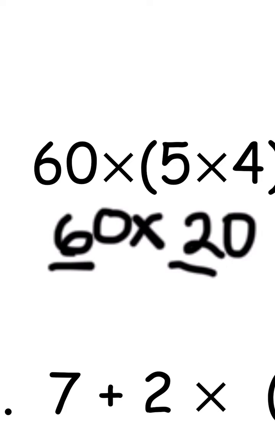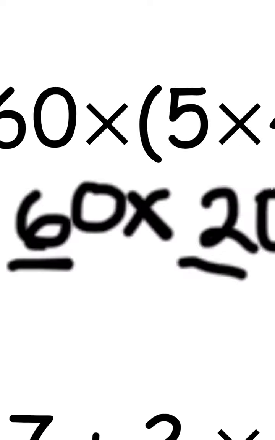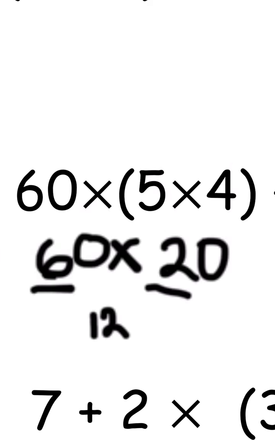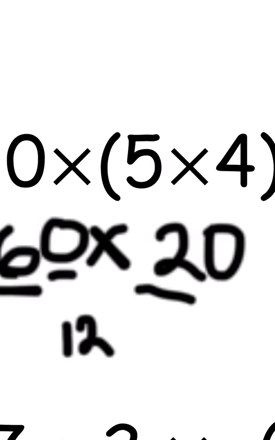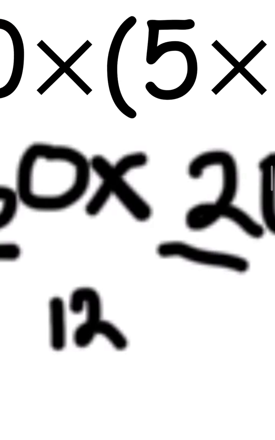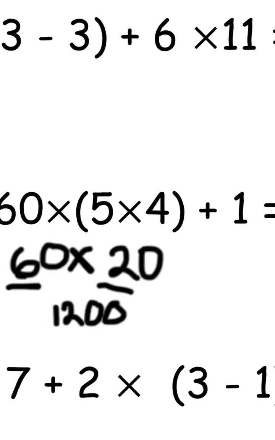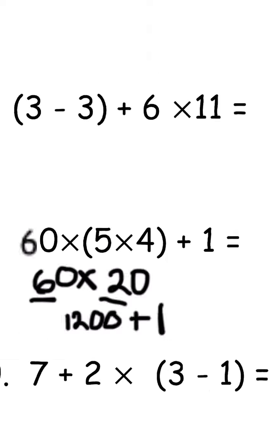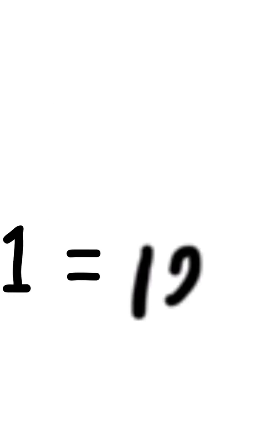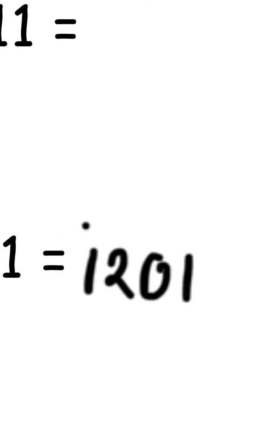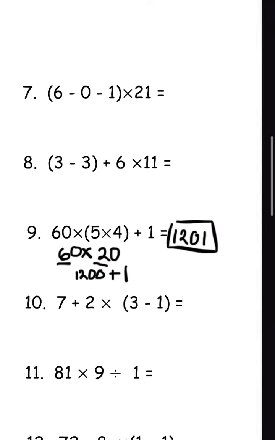So 6 times 2 is 12. And then we need to now add 2 more zeros, since 60 and 20 have 1 zero each. So it's 1200 plus 1, which is 1201. 1201 is the answer for number 9.